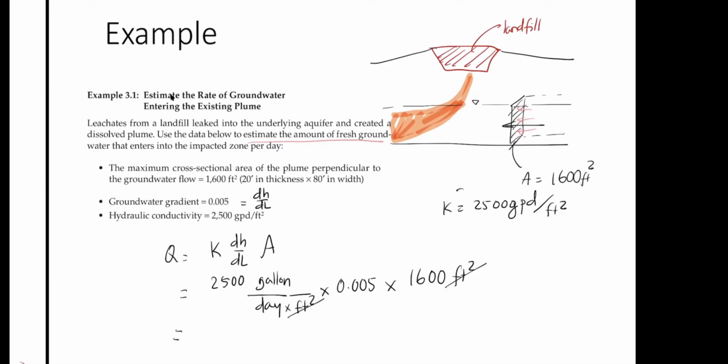So if you multiply this, what's the number? 2,500 times 0.005 times 1,600.